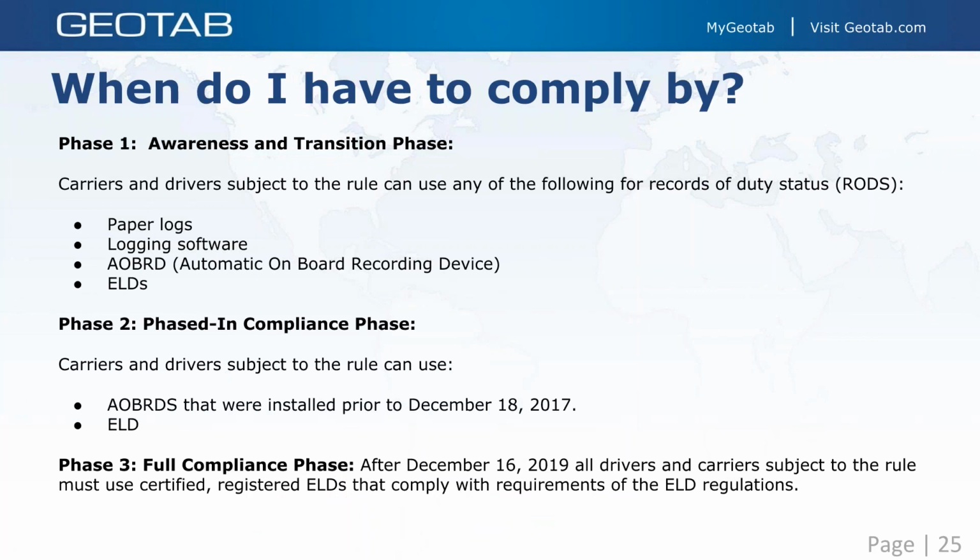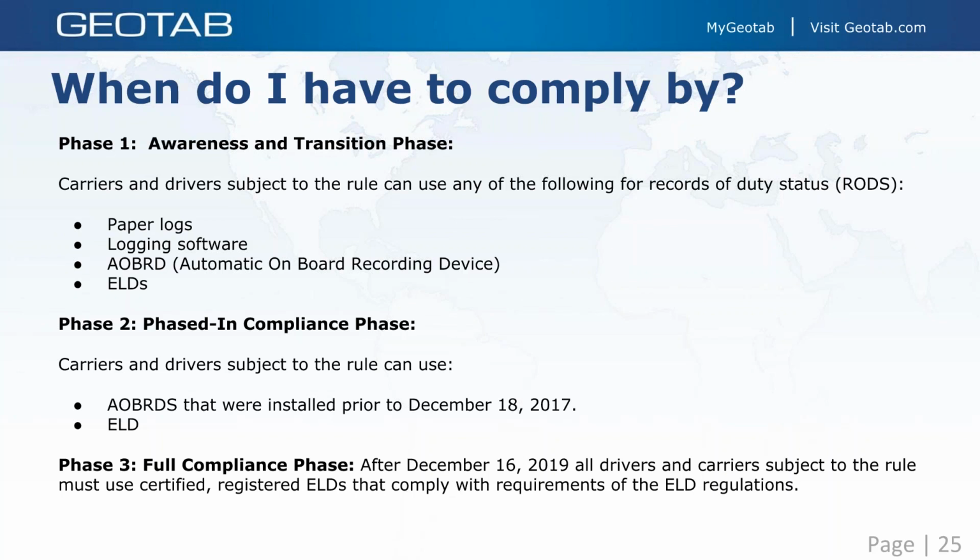When do I have to comply by? There are actually three different phases. As we stand today, I get asked this question a lot: do I have to have an ELD today? Am I out of compliance if I don't have one? The answer to that is no. Phase 1 is all the way until December 18, 2017.